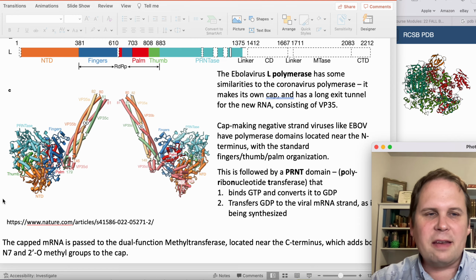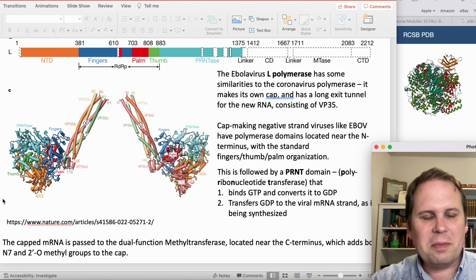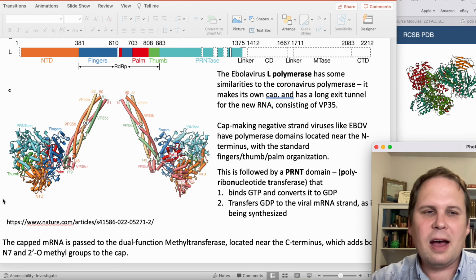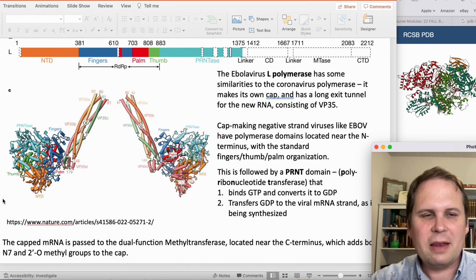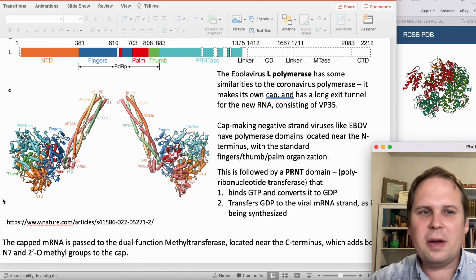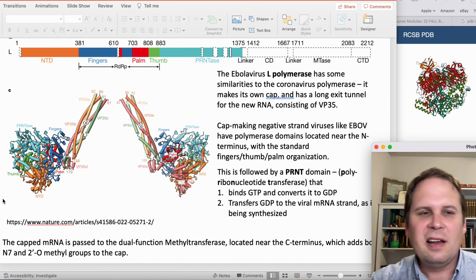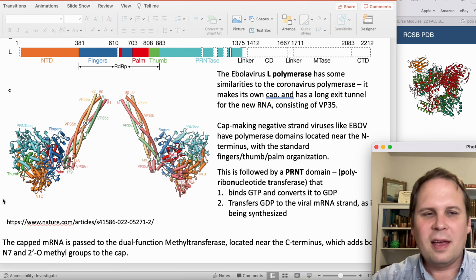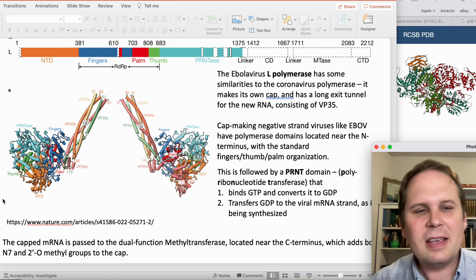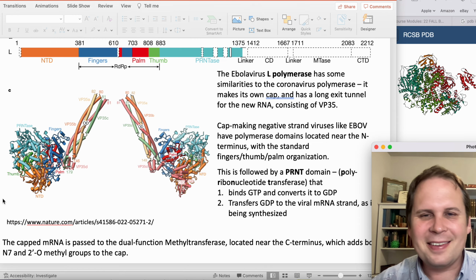But in addition to that, remember that the coronavirus polymerase has the extra NIRAN domain. And the NIRAN domain's job was to attach a cap onto the RNA. Ebola virus and viruses that are similar to Ebola virus cap their own RNAs.